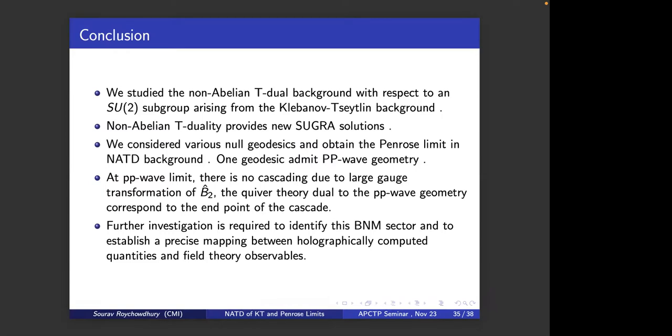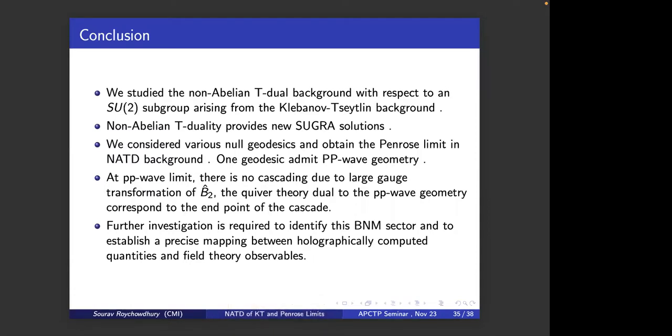We studied the non-abelian T-dual solutions originating from the Klebanov-Tseytlin background. As I mentioned, and as Kangun was asking, there are many open directions about non-abelian duality, but so far it provides some new supergravity solutions, interesting as far as the classical level is concerned. We considered a null geodesic and obtained the Penrose limit in the non-abelian background.